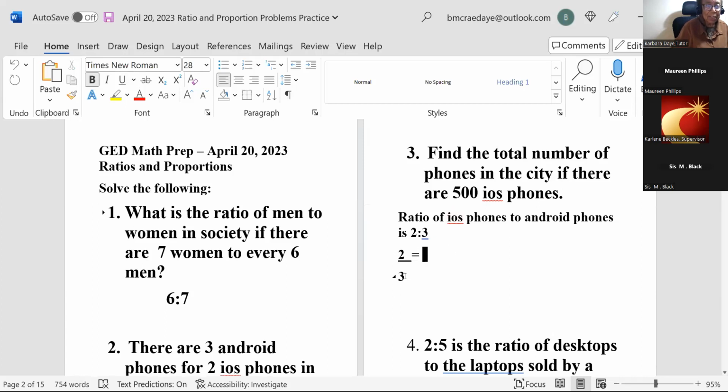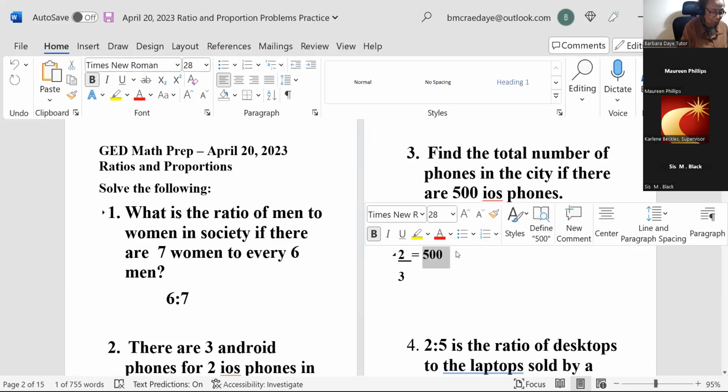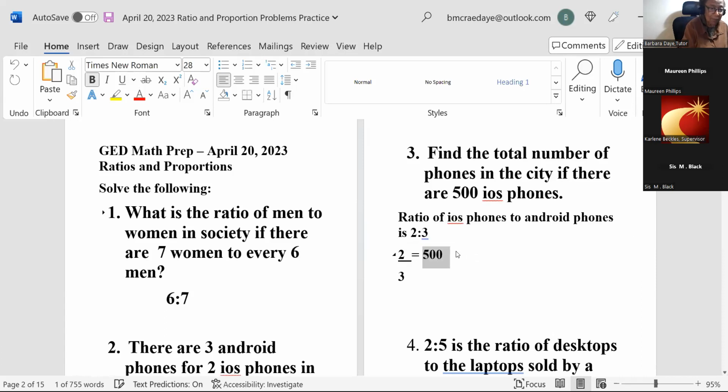The 3 here is the Android, and the 2 is the iOS. So that would be 500. And then we want to solve for what? We're solving for the Android, so we'll just call that X.